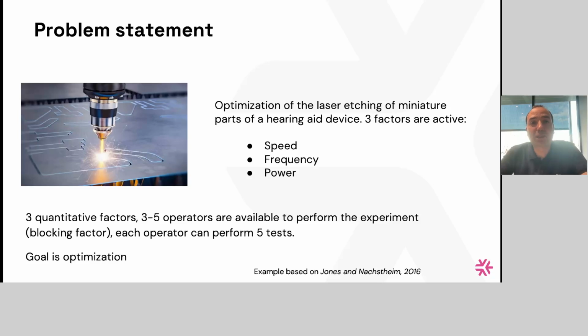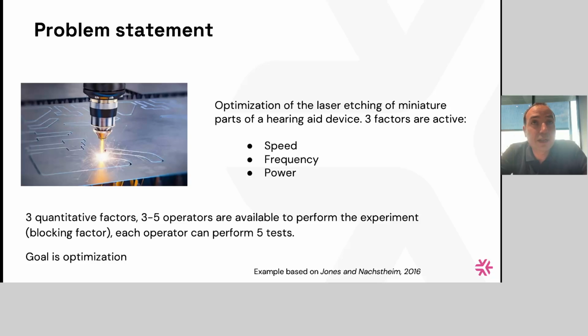The problem statement. We are a company that produces hearing aid devices. To label the devices, we laser etch miniature parts, and we want to optimize that part of the process. Three factors are active, which are the speed, the frequency, and the power.